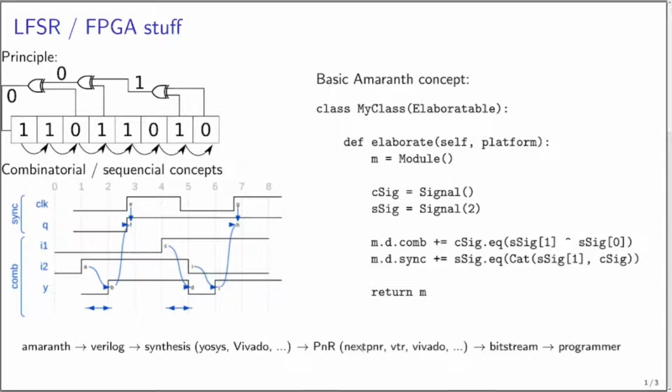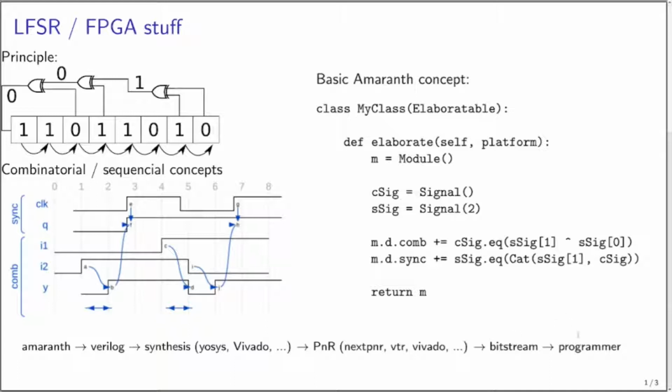With tools like NextPNR, VTR, Vivado, or Quartus, these tools are used to map every primitive to the FPGA structure. At the end, a bitstream is produced. This is the image of the content of the FPGA.